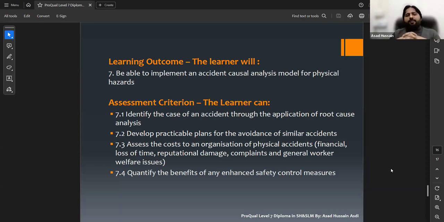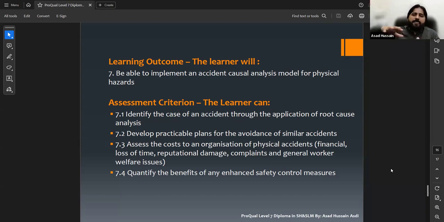So in 7.2, develop a practicable plan for the avoidance of similar accidents. Again, once root cause analysis is confirming the reasons, then there should be a practicable plan developed for avoidance of similar accidents.